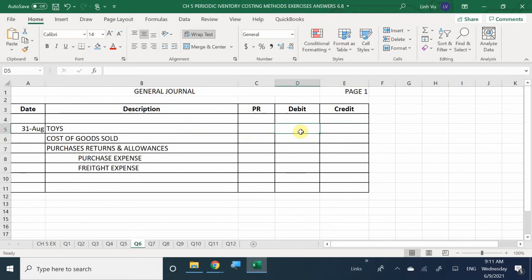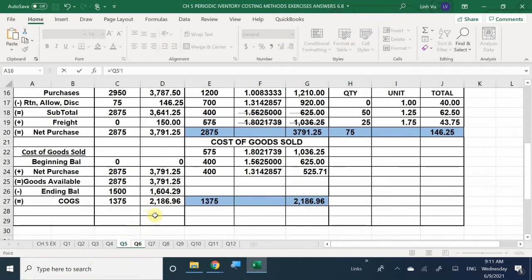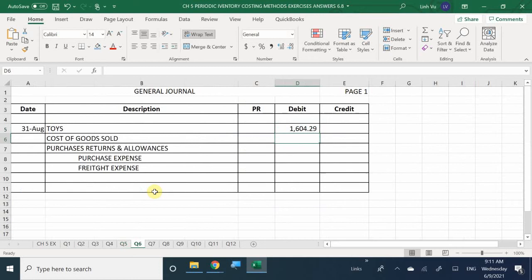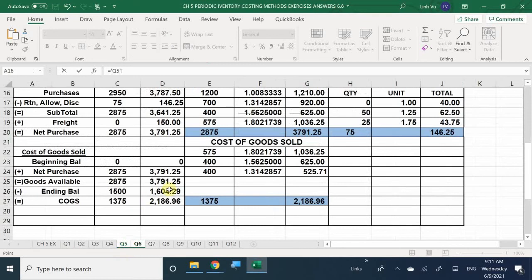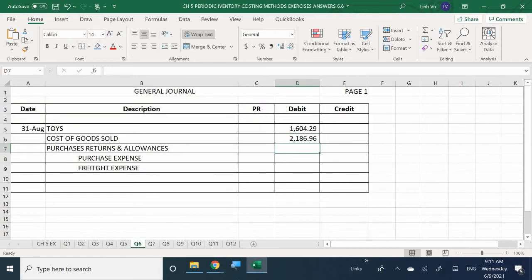What was the total ending balance? What was the total cost of my ending balance? 1604.29. What is the total cost of my cost of goods sold? 2,186.96. Okay, good.